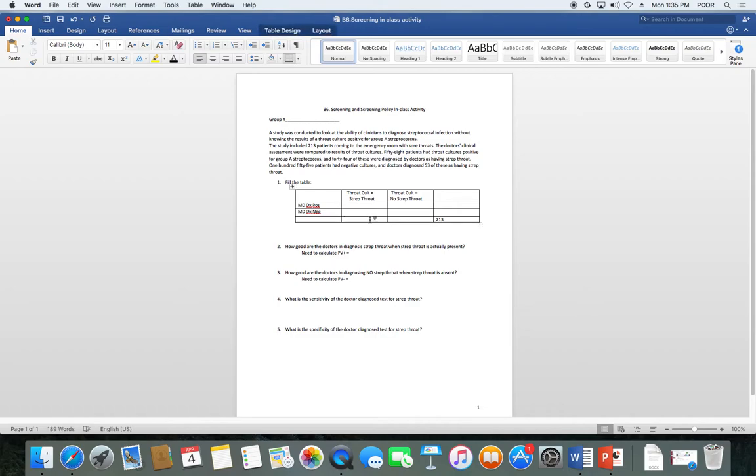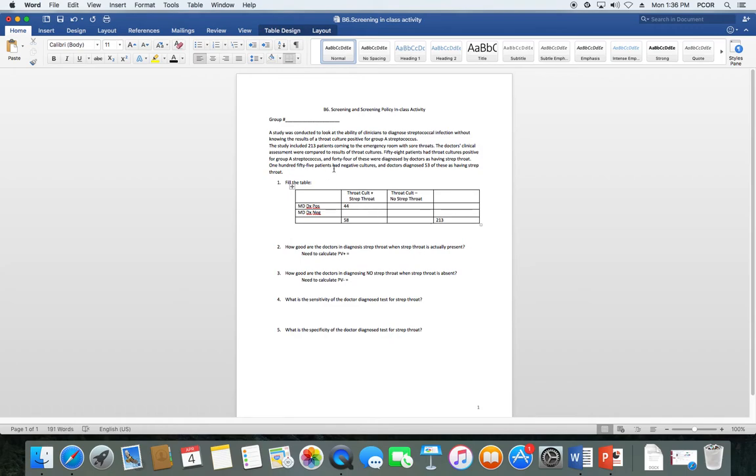So the total of patients that have strep throat culture positive is 58, but 44 of these were diagnosed by physicians as having strep throat. So MD diagnosis strep throat, and they turn out to have a culture positive, is 44.